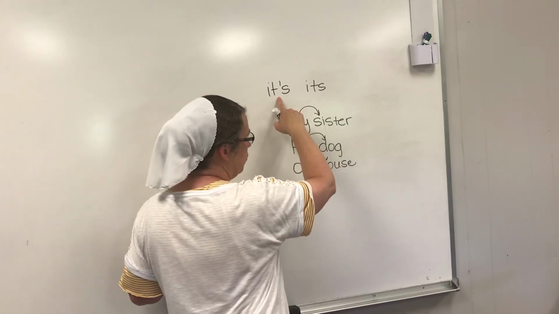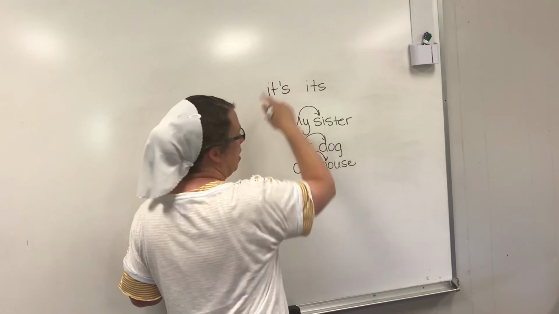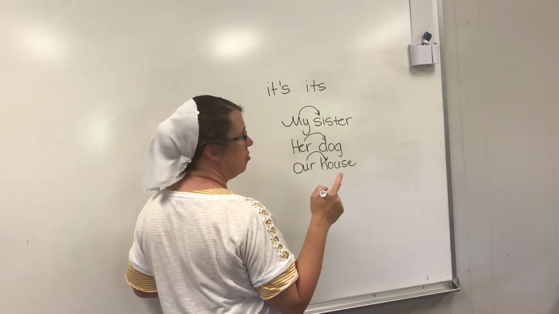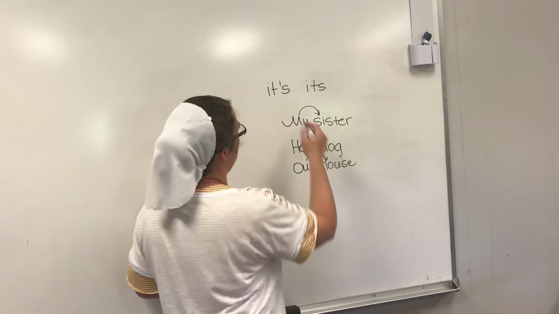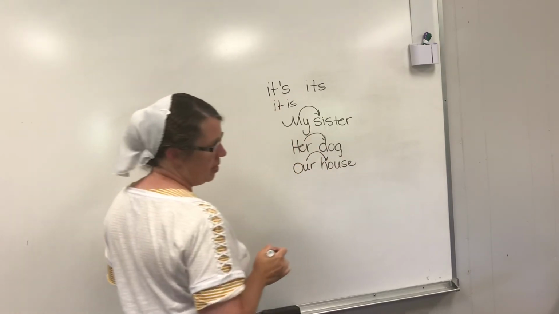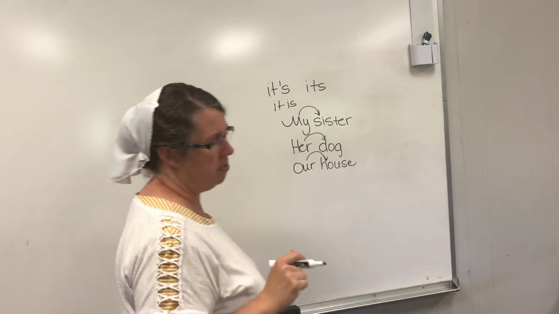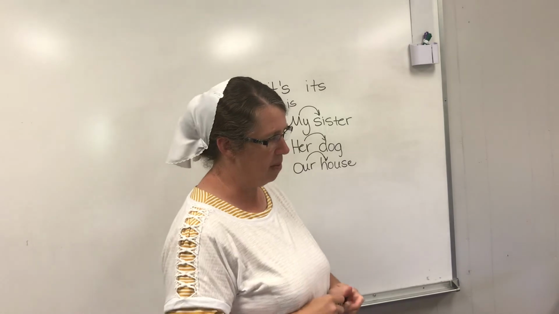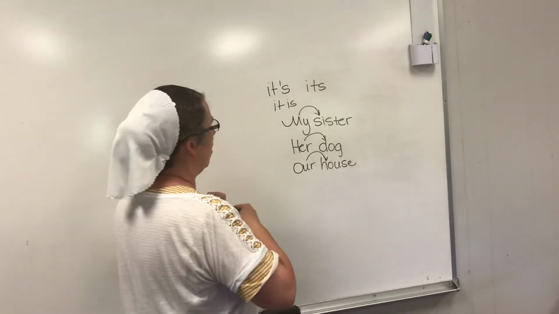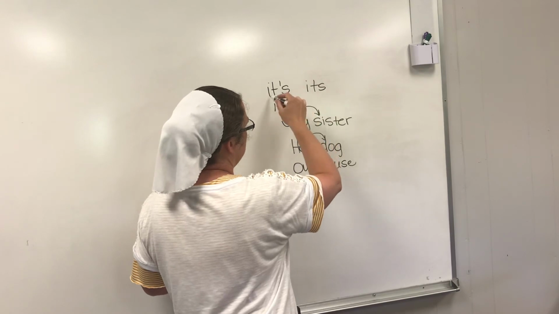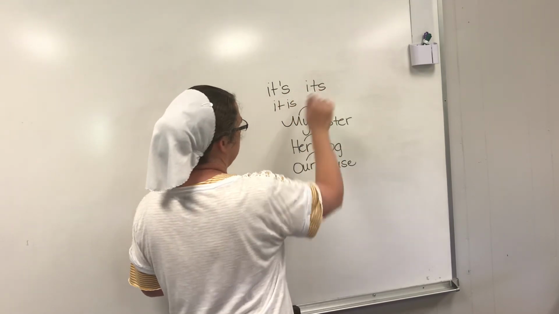Remember, the apostrophe means that you have taken out a letter. Remember, it would be it is. So put that one in your sentence. Because of it is nature, salt can be more than a seasoning. That'll help you decide, is it this one or is it that one? Because of it is nature or because of its nature?